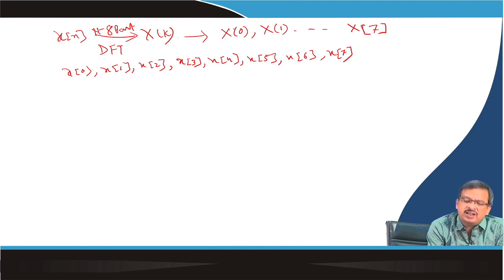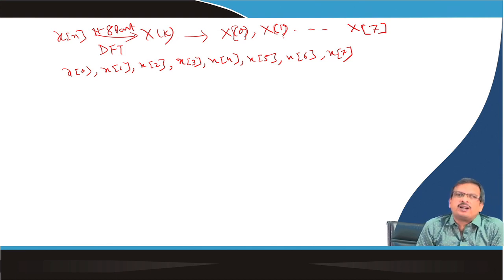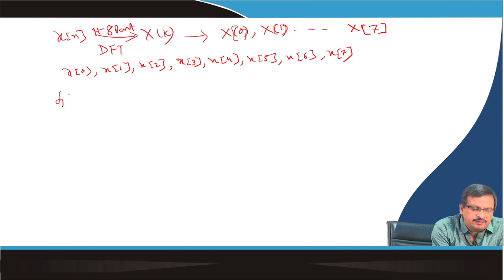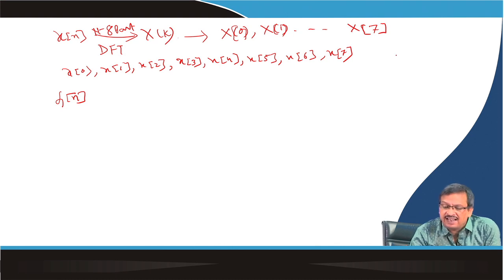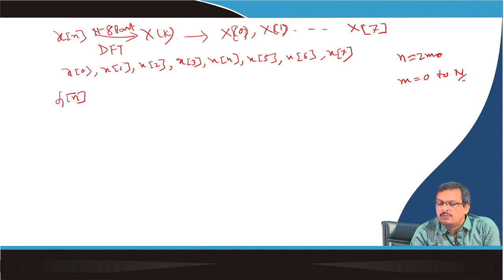Now, I said decimation in time. So, every time I divide the signal into 2 parts. So, I want to group f1[n], the even signal. So, I want to access the index n which is expressible as 2m, m varies from 0 to N/2 minus 1.